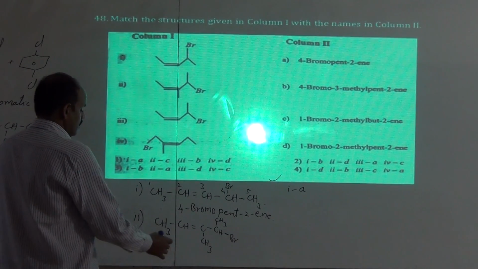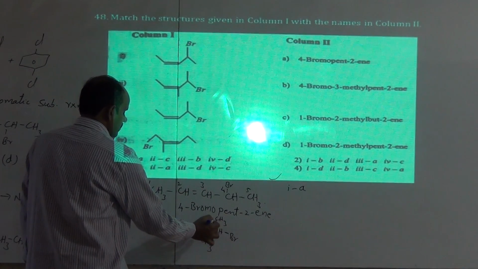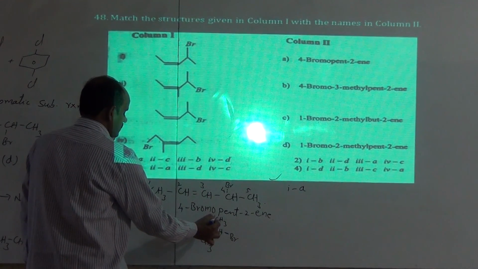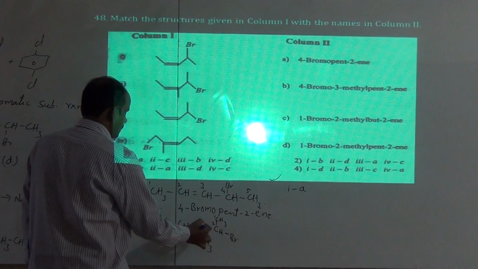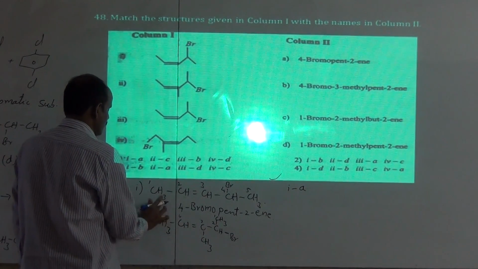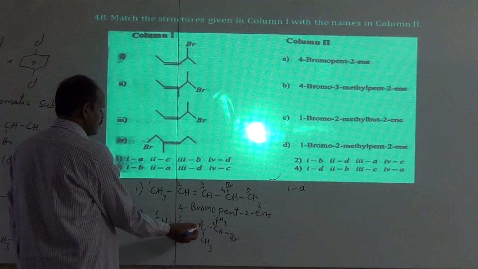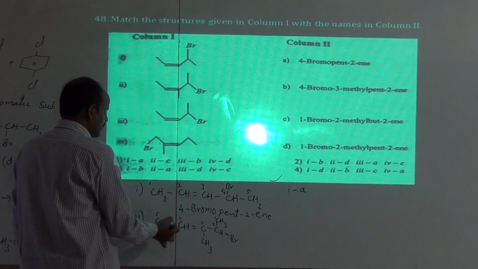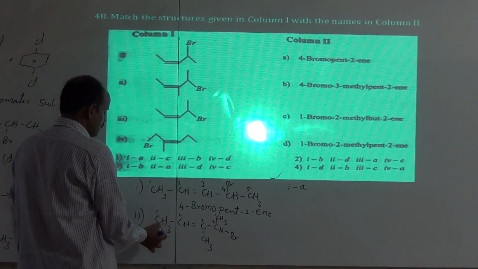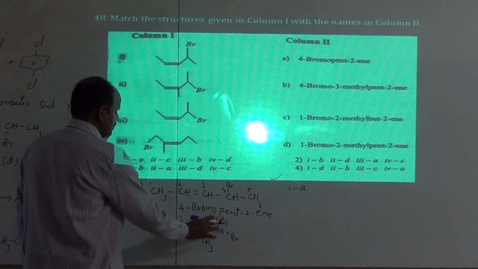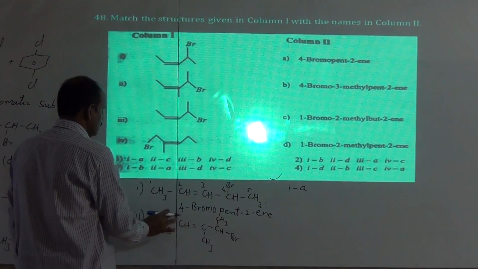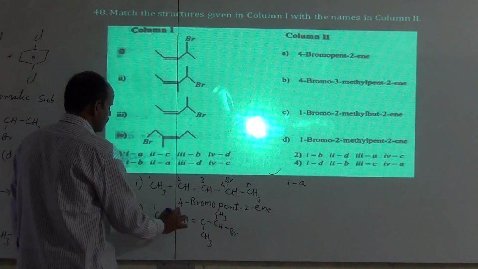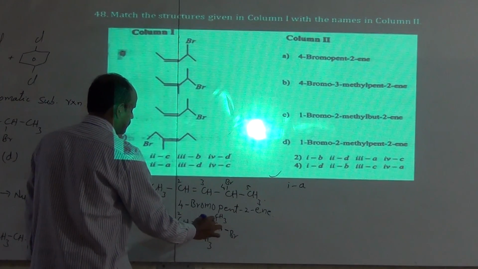Here you can start from the first carbon, second, third, fourth, fifth, but the double bond is on the third carbon. This way is wrong, because if you start from the other side, the second carbon gets the double bond. Hence you can give the numbering from left to right, but not right to left.